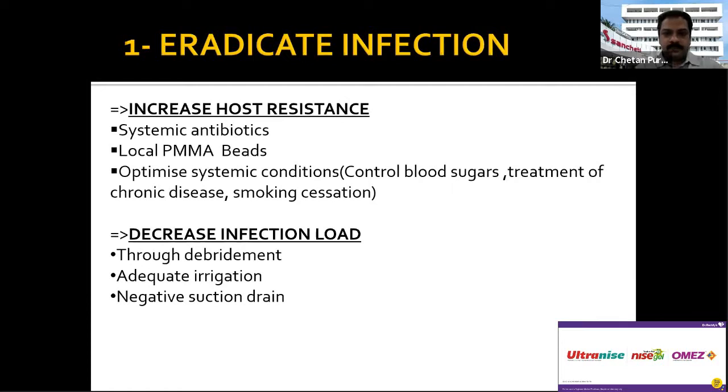And the second part is to decrease the infection load, that is the local infection load. So to achieve that, one has to do a thorough debridement, that is the mainstay of treatment of any infected non-union. Adequate irrigation and negative suction dressing such as wax can also have a role in eradicating the local infection.